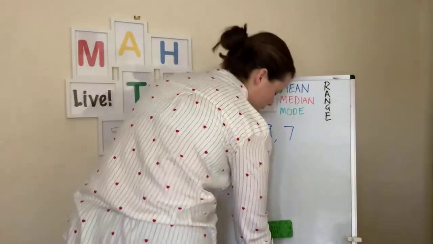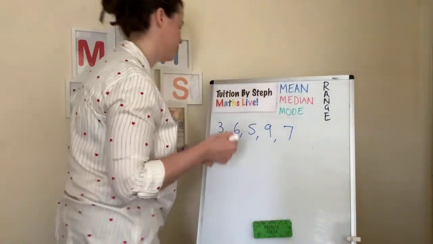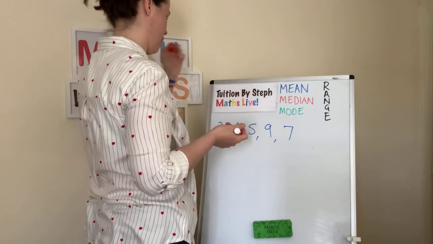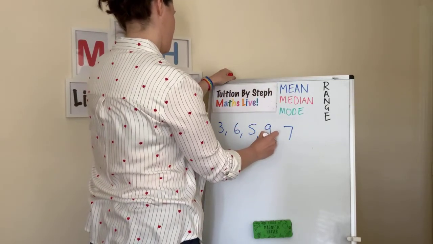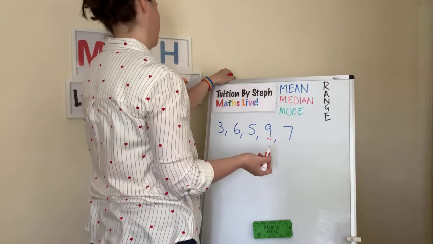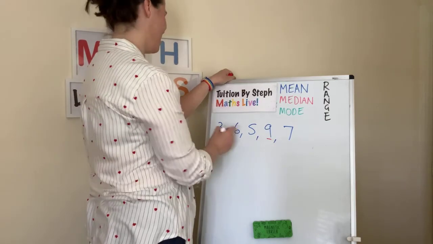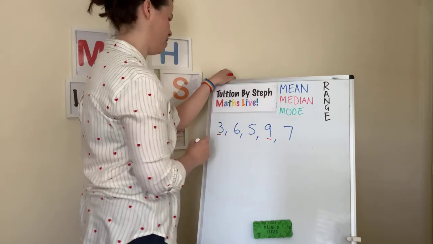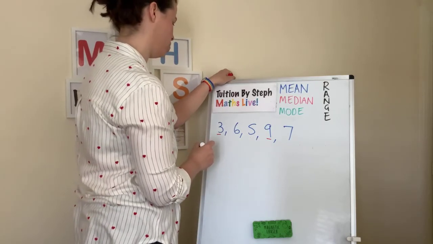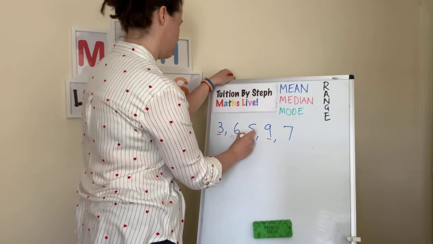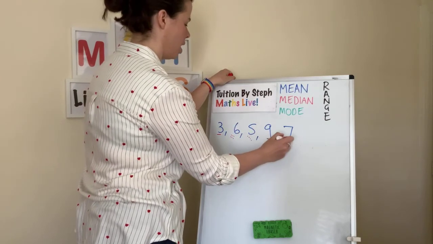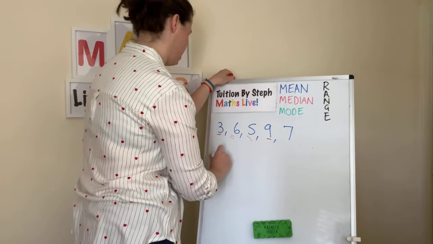So remember the mean. First of all, you've got to add them all up. So 9. Why do I always start with 9? 9, 10, 11, 12, 13, 14, 15, 16, 17, 18, 19, 20, 21, 22, 23, 30.